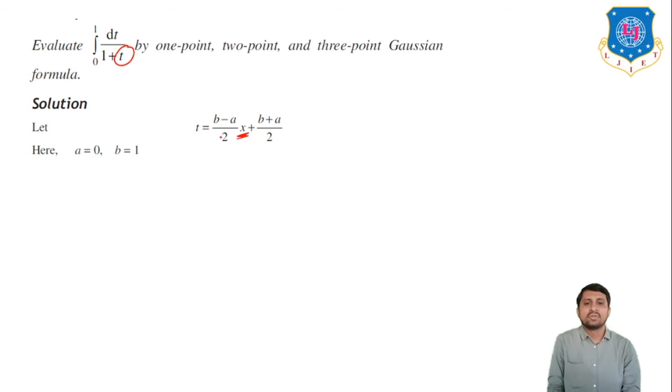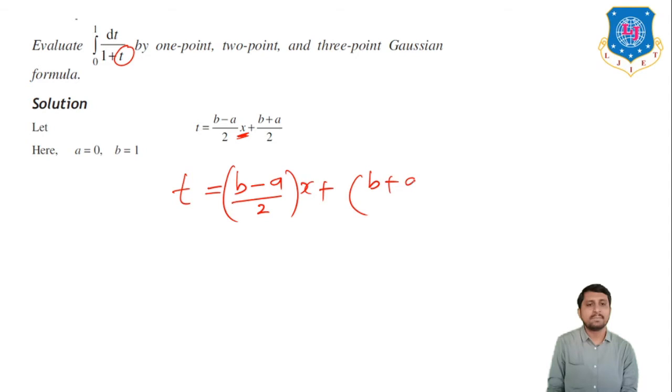The formula is t is equal to (b minus a) by 2 into x, plus (b plus a) by 2. So using this formula you can convert any limit of integration to minus 1 to 1.